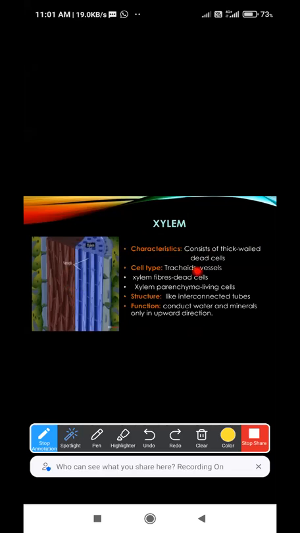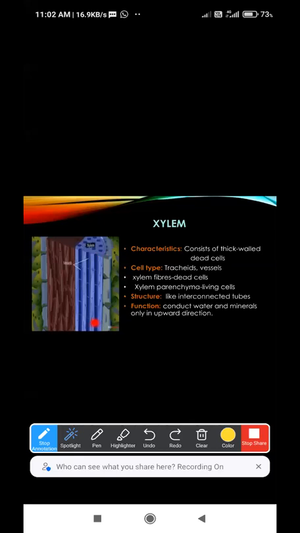I'll repeat it again. Xylem consists of thick wall dead cells. It contains four different types of cell tissues. They are tracheids, which you can see in this lining. They are supportive in nature. They support the vessel tissue. Vessels, these are the short cylindrical tube-like structures which are connected to each other to form a pipeline.